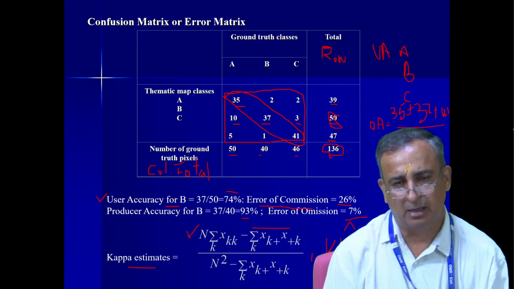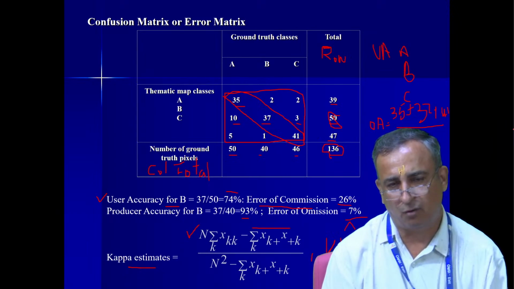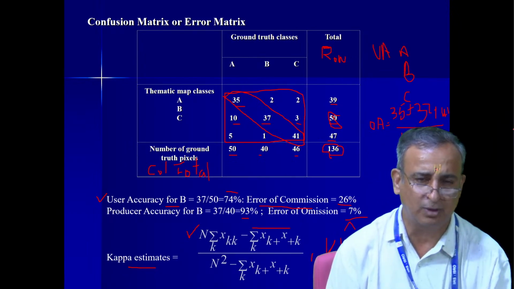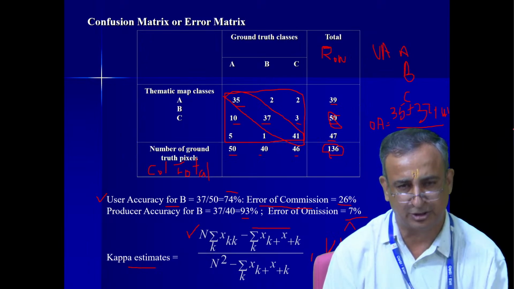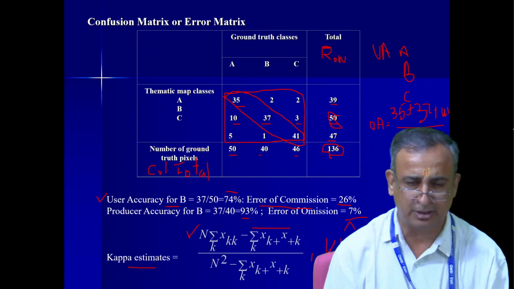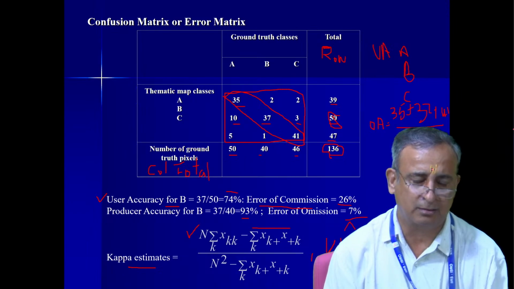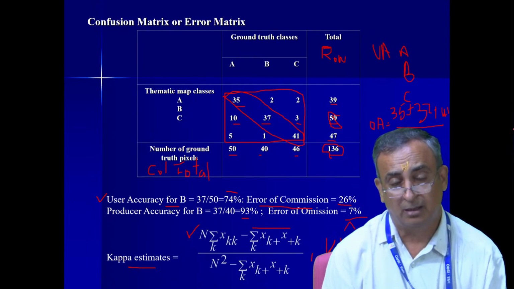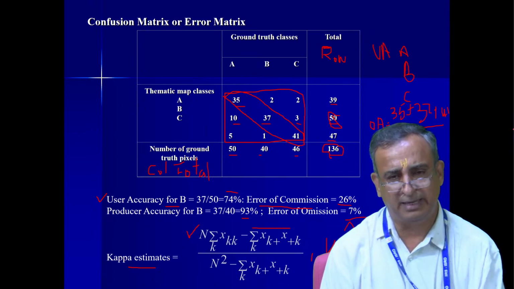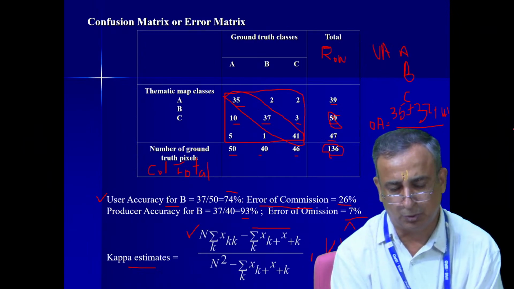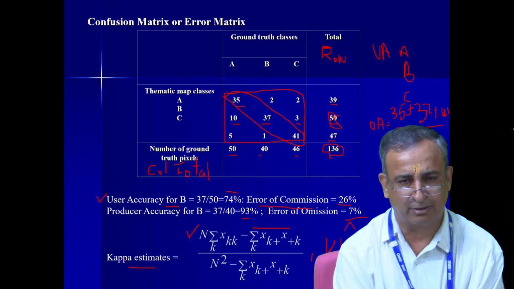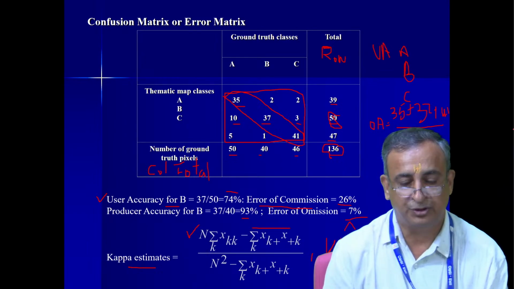Basically it uses false negative and false positive values from the two classes, and from there you can generate two variables called recall and precision. Using recall and precision, you can put these values in the formula to get the F score. So people believe F score is a more reliable accuracy variable than overall accuracy or kappa coefficient.